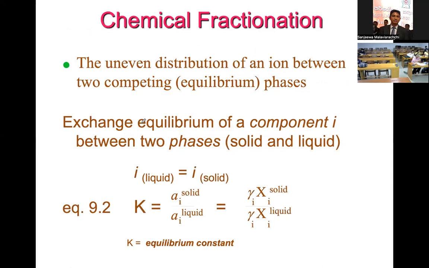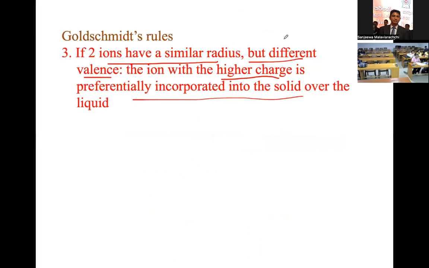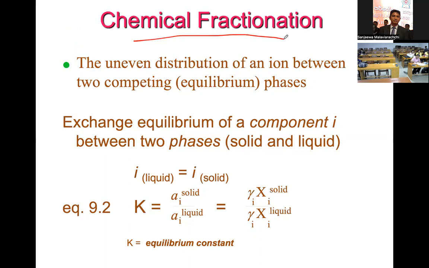Okay, right. So we will go into details on chemical fractionation. So this is what we just talked about. Goldschmidt's rules determine the chemical fractionation. So the simple definition of chemical fractionation is an uneven distribution of ions between two phases. We call them competing phases.